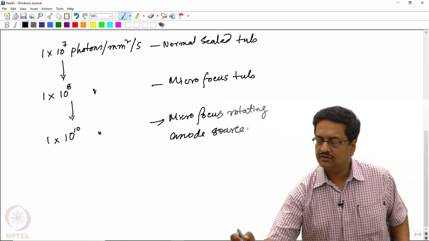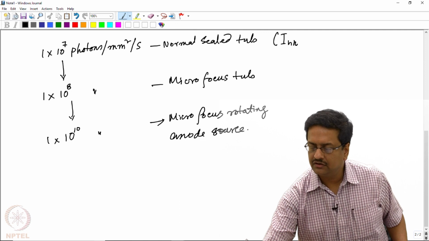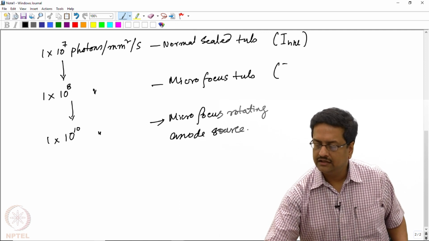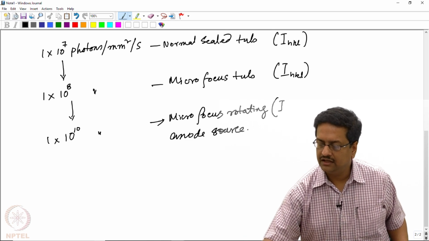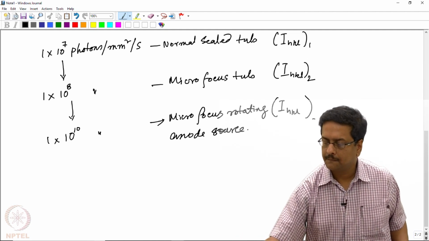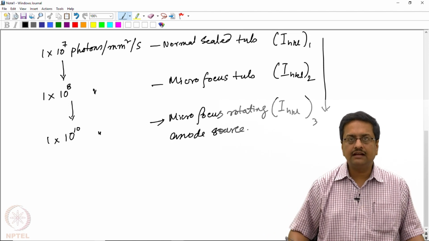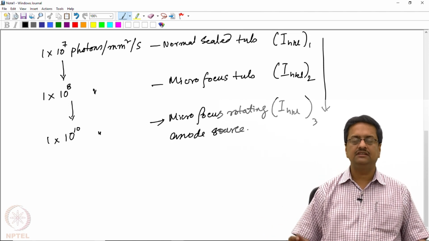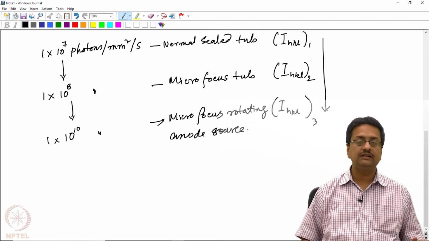So, it should not happen that I(hkl) recorded here, I(hkl) recorded using the second type, and I(hkl) recorded by third type should be continuously increasing.